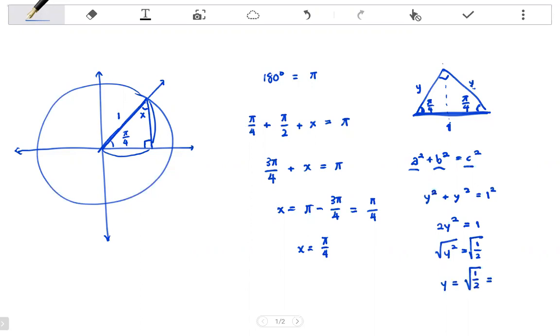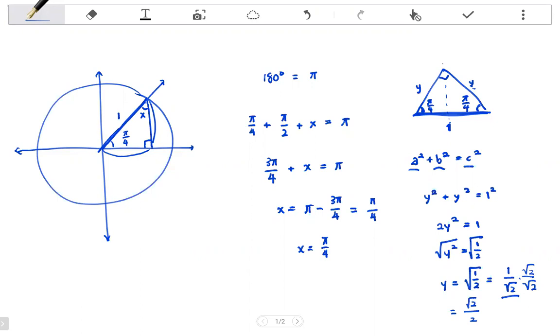Square root of half is the same as square root of 1 over square root of 2. Square root of 1 is just 1, right? And remember we said we don't want radicals in the denominator. So we can multiply the radical by itself on the numerator and the denominator to get rid of it. So in the numerator, 1 times square root of 2 is just square root of 2. And square root of 2 times square root of 2 is just going to be 2.